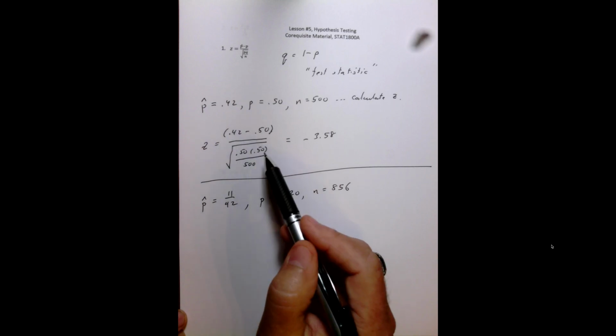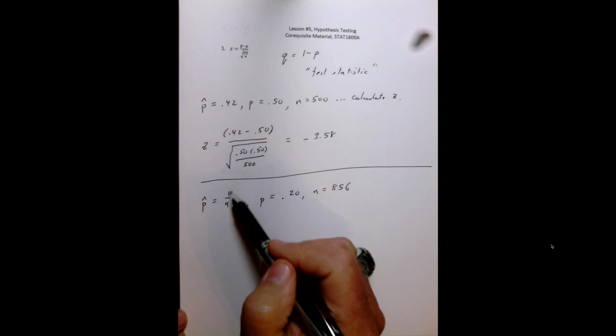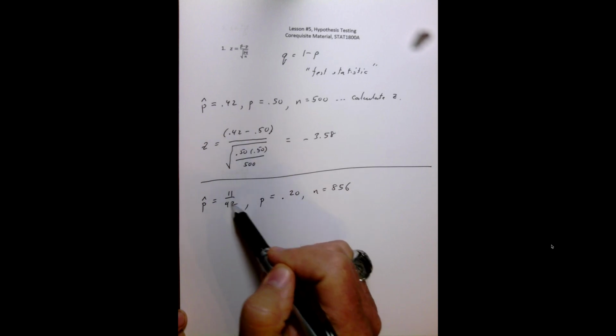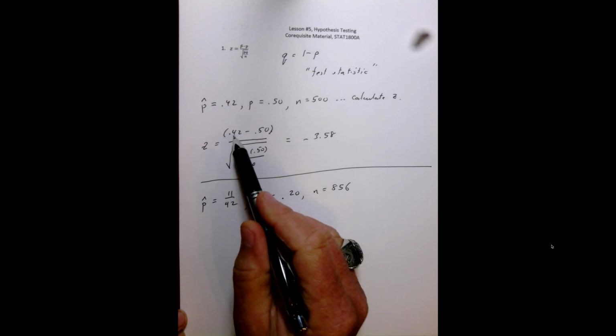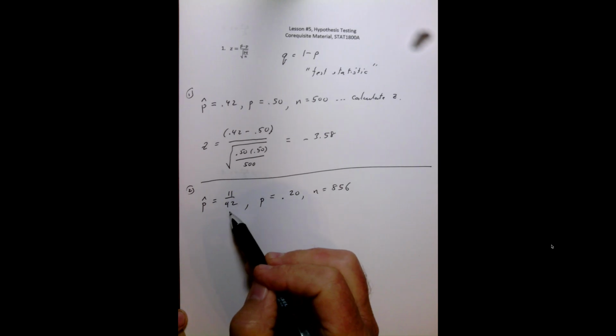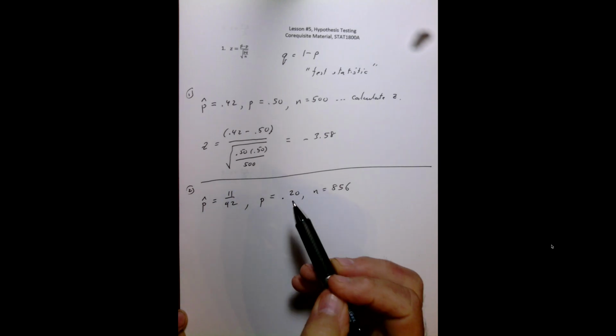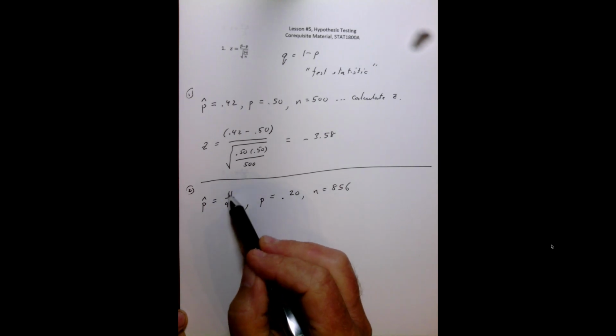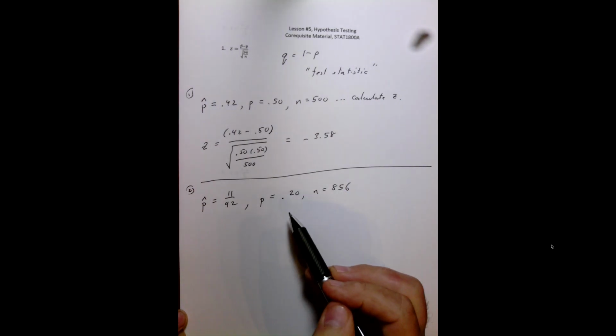So I'm going to show you how to keep that from getting so messy in your calculator. This 42 has absolutely nothing to do with the first problem. This is a completely different problem.